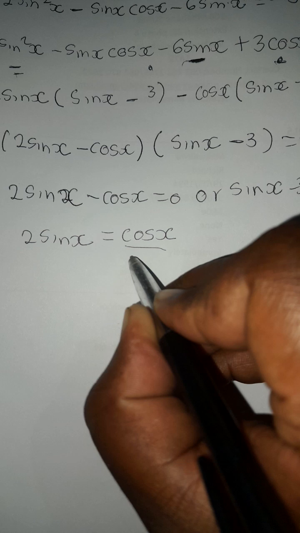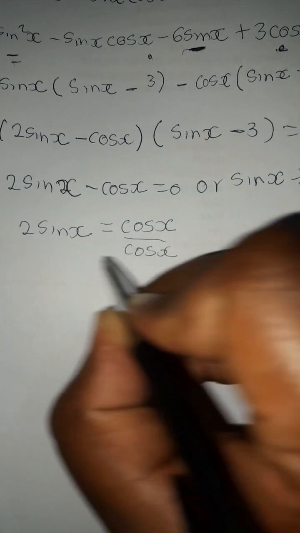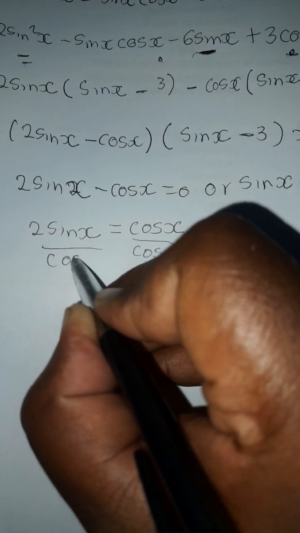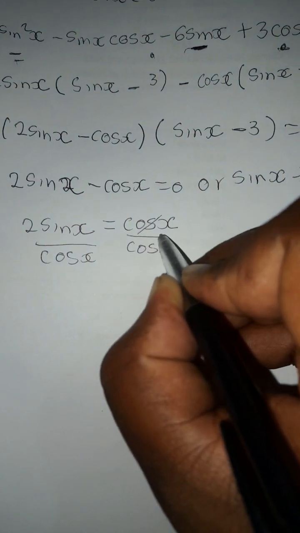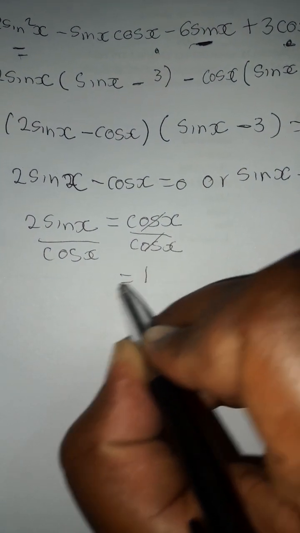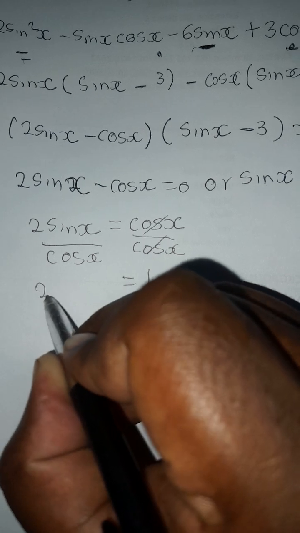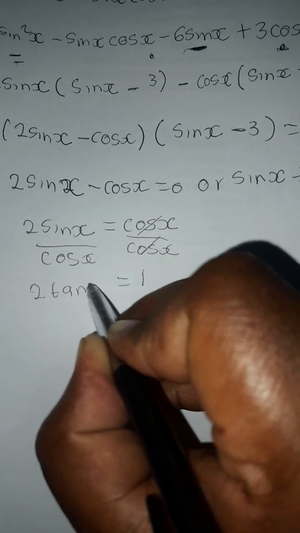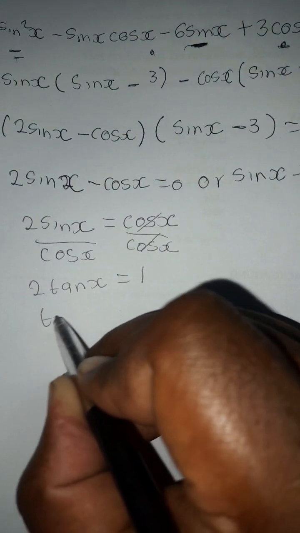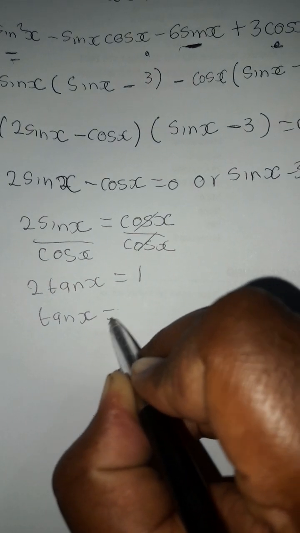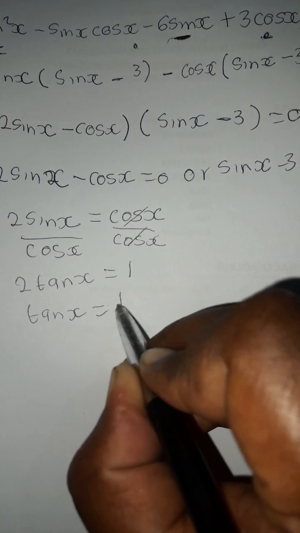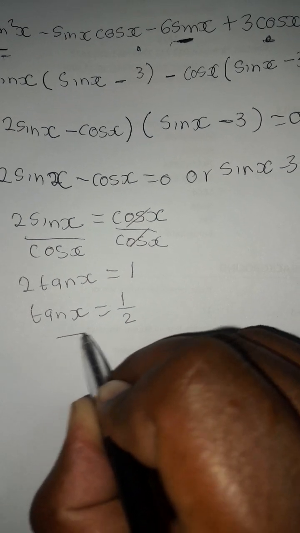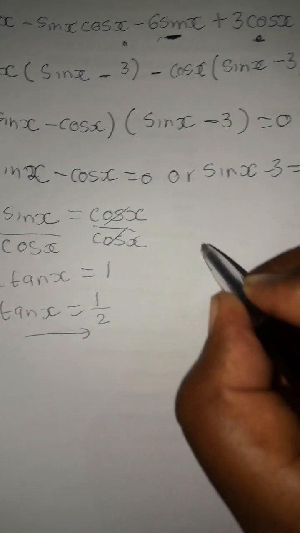We'll then divide everything by cos x to make this a quotient identity. So this and this cancel, we're left with 1 here. Sine over cos will be tan. So we have 2 tan x. Then we divide everything by 2, and we will have tan x equals 1/2.